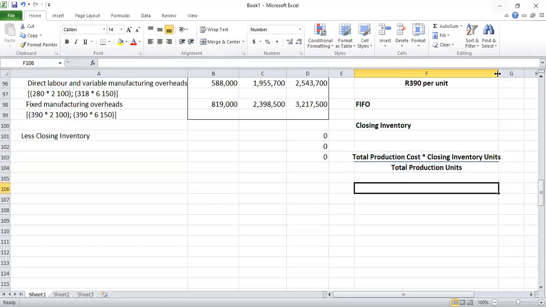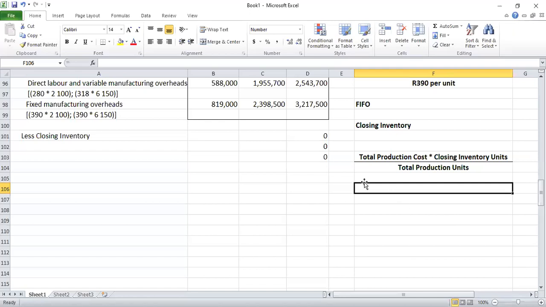Right, but if we're using weighted average, both on the numerator and denominator, we're going to add the opening inventory. So how you calculate will be determined by whether you're using weighted average or first in, first out. Right.